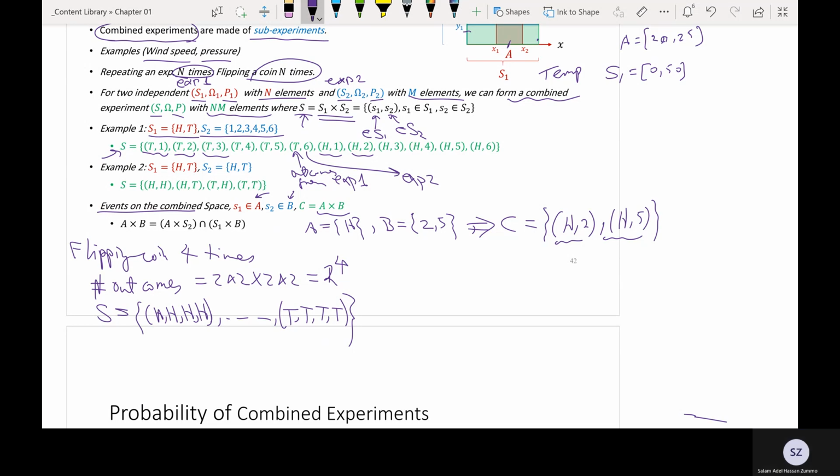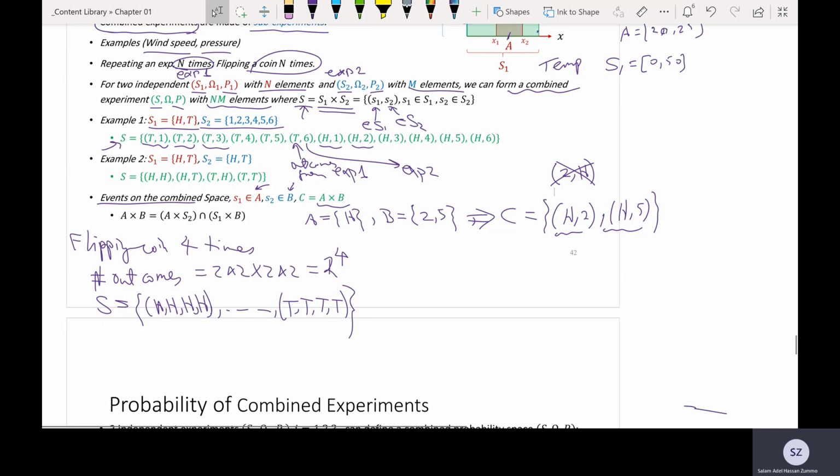Is that clear? Is 2 and H a valid outcome? It cannot come out as 2 in the coin, so this is not a valid outcome. That's why we say order matters.